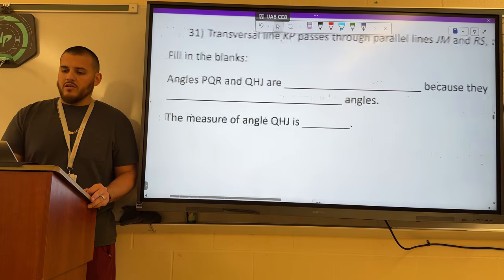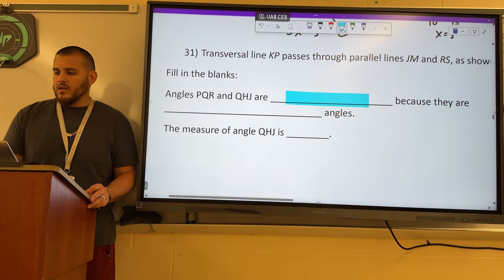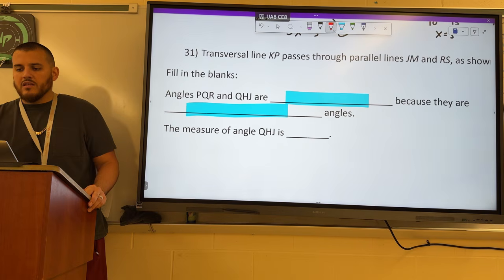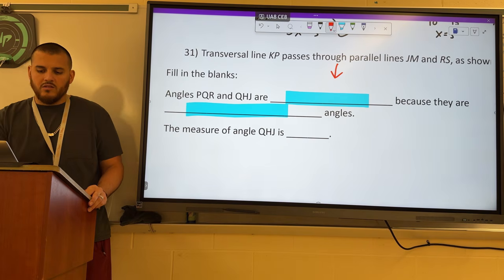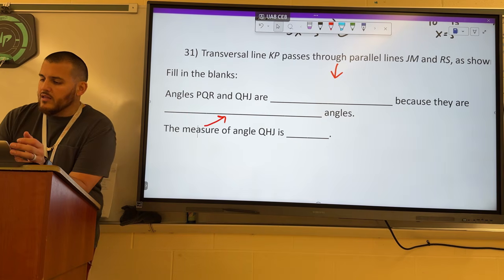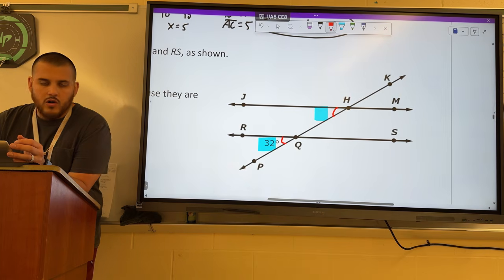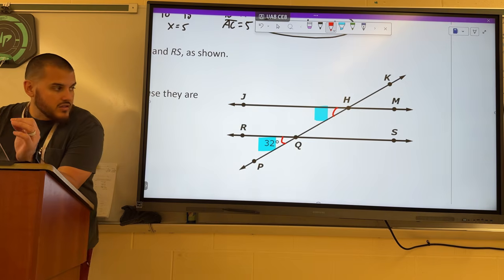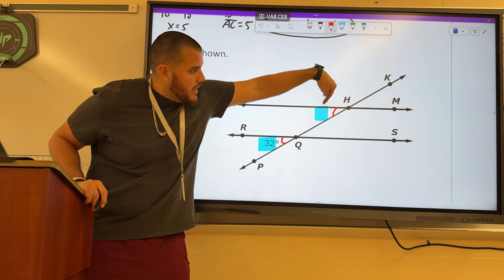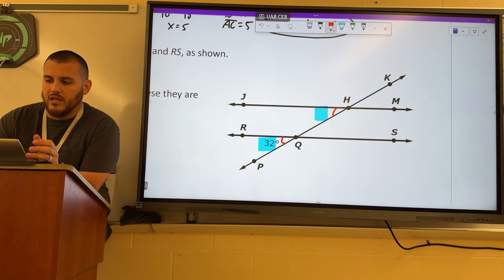In the blanks that we're trying to fill in here, these angles are some kind of angles. So this is going to be a characteristic of the angles, and this is going to be the name of the angle pair. On parallel lines, these angles that are in matching corners of the intersection, notice these are both in the bottom left of their intersections, the bottom left of H, the bottom left of Q, we call those corresponding angles.